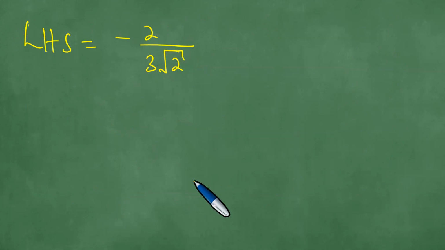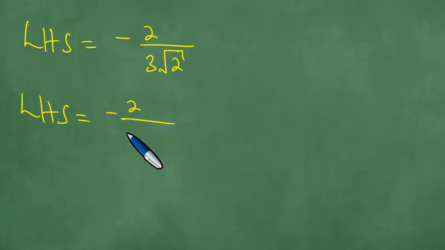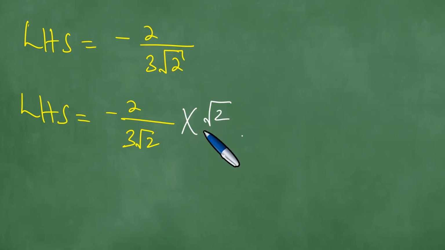What do we do now when you get here? What do we do, Tando, here? We should multiply it by the denominator.